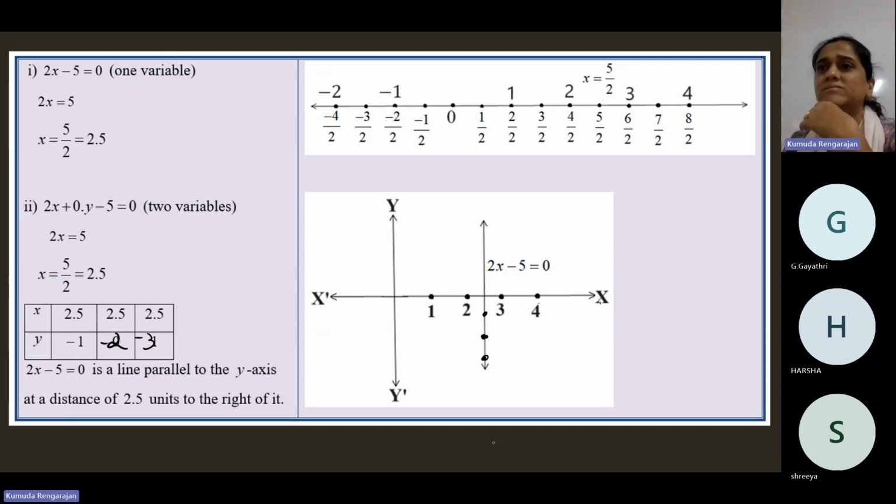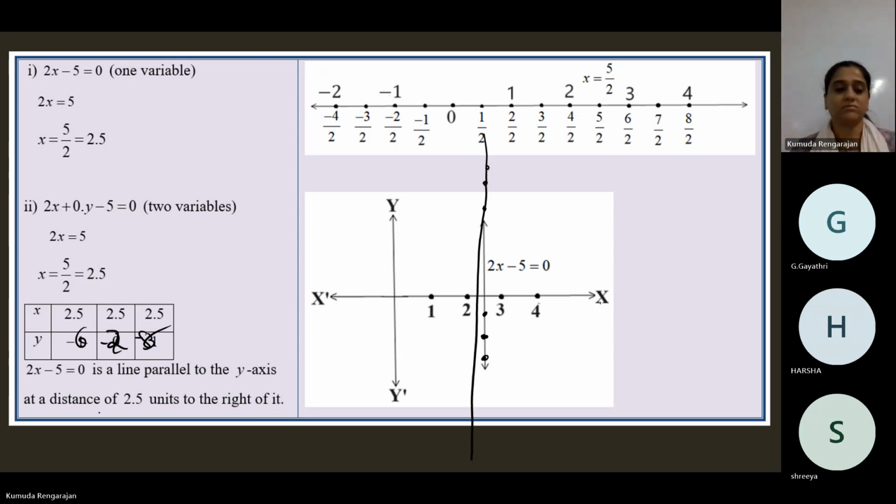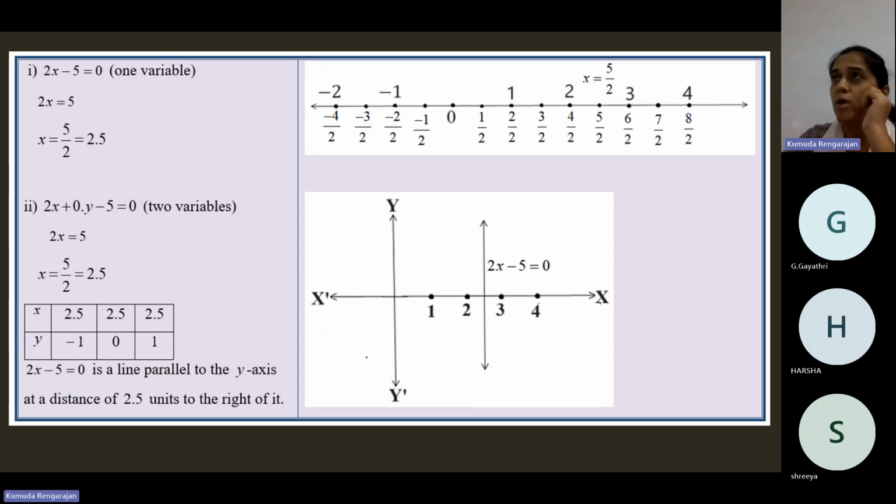Same line. If you take 6, 7, 8, you will be plotting it here. So it's a line, no? All of you will get the same line. Your plotting points will be at a different place, but when you join those 3 points, it will be the same line.